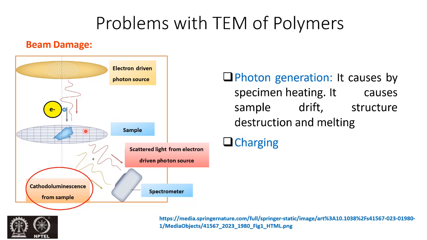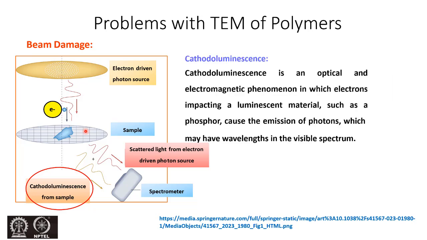But if a material is not conductive, then it tries to store the electrons. So electrons will not go away from it, and that's why we will see very bright sides at some point. That kind of defect occurs in polymers because those are not conductive.